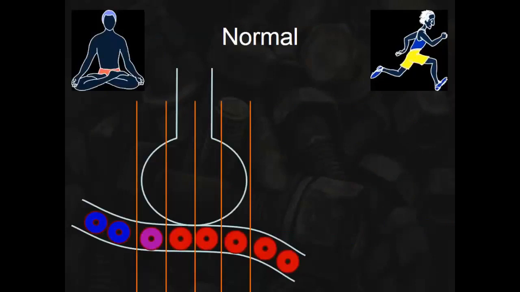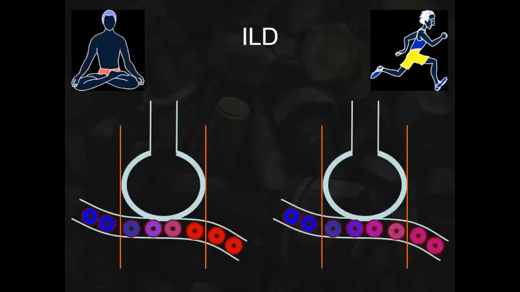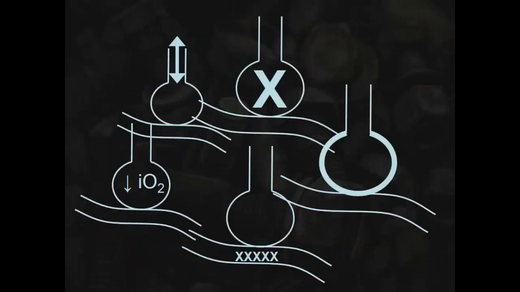The rest, they're just hanging out, doing nothing, the RBCs. And when you exercise, you increase the speed of blood flow, so you use all of the contact area to successfully oxygenate. But an ILD person is going to need most of the contact surface area. So when they exercise and increase their cardiac output, they're not going to fully oxygenate their blood.